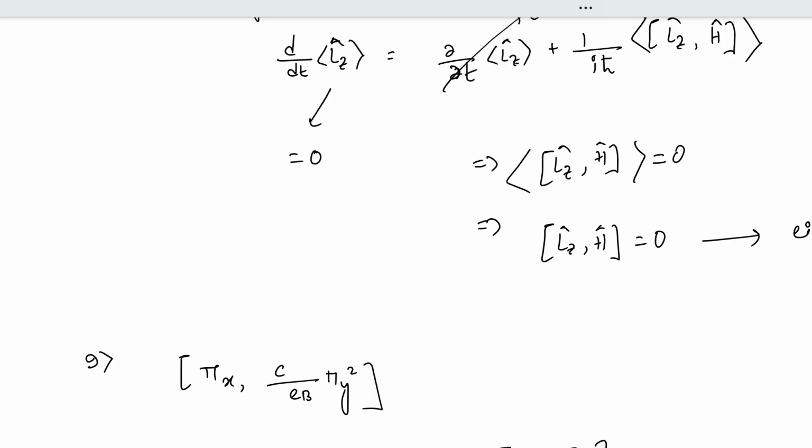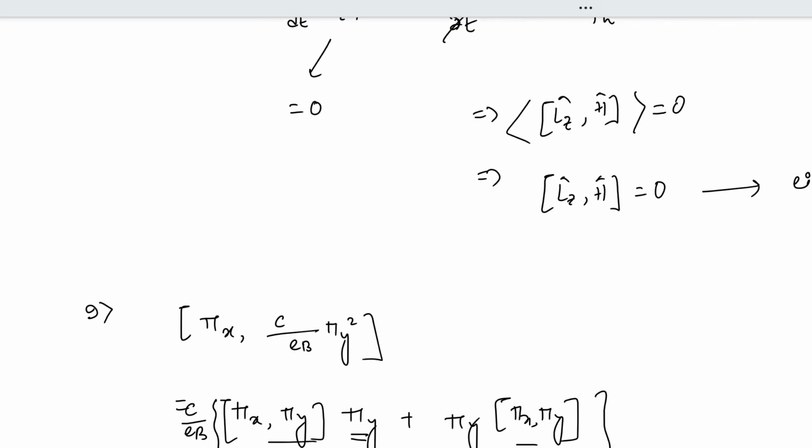Now because this is i ħ by c, everything is a constant, so no operator form, so you can take it out as a constant term, c by eB into 2iħ by c. And then because Bz is just a constant, it comes to the left, and then only πy.